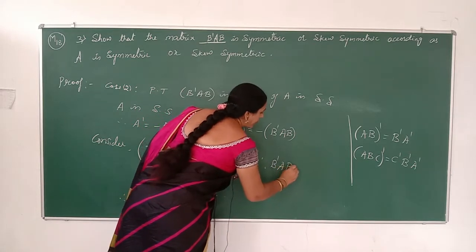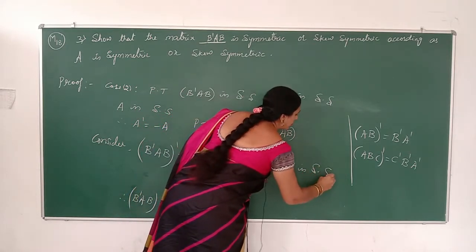Therefore, B dash AB is a skew symmetric matrix.